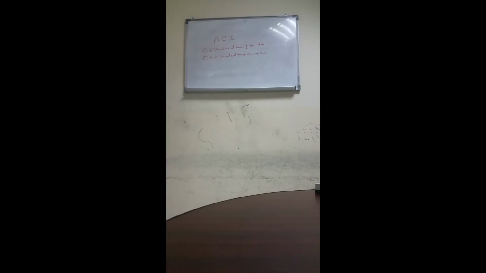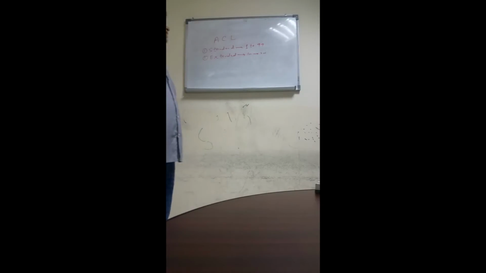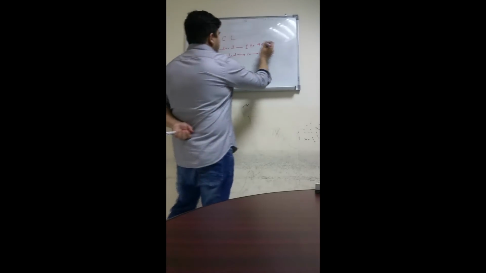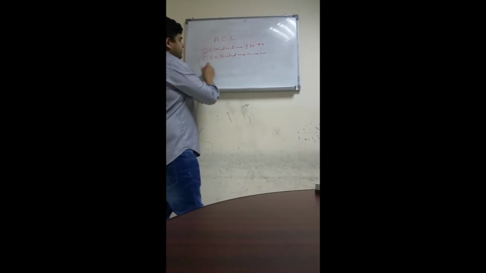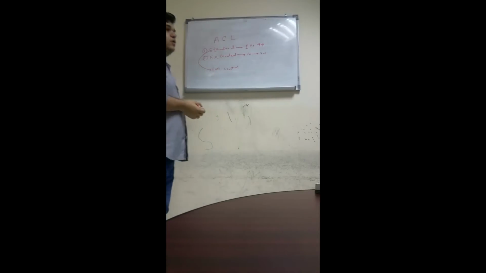This is the main difference, but if you want to understand the conceptual difference between standard and extended access list: what is a standard access list? We use a standard access list for full control. What do I mean by full control?